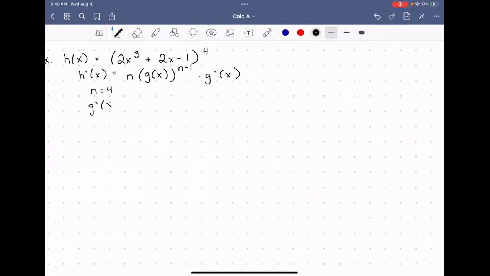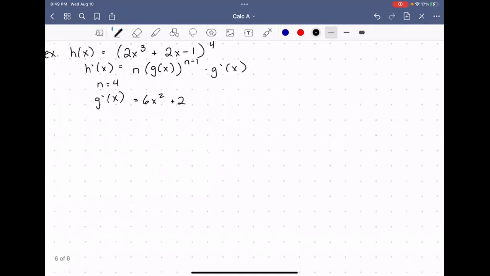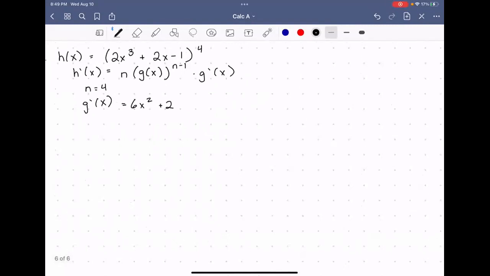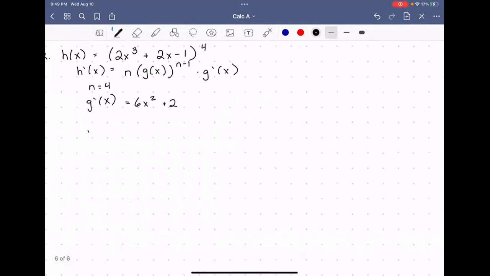And what's g prime of x? Well, g prime of x is going to be 6x squared plus 2. Great. Now that we know all of our given information, we can solve for h prime of x.